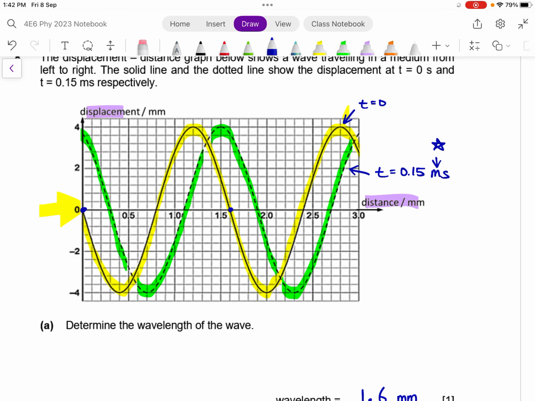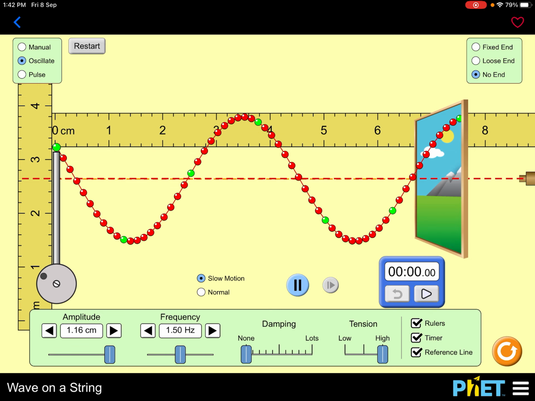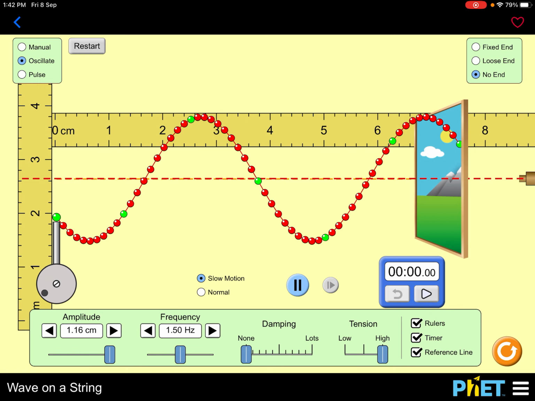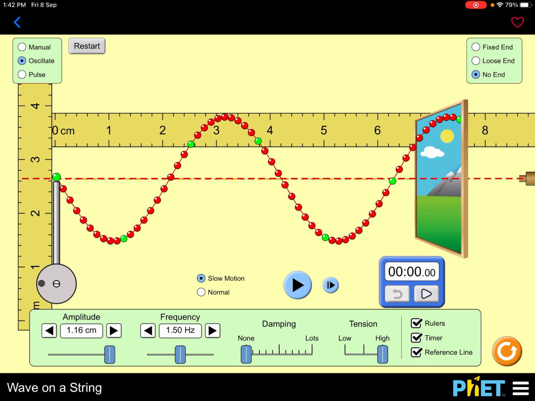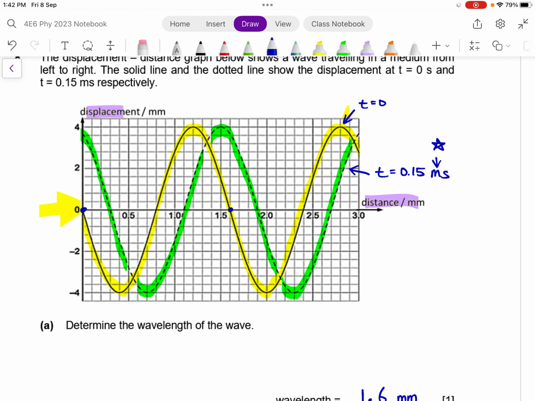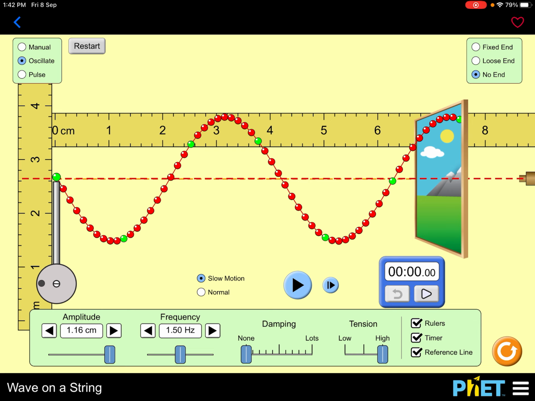It goes down and then up. So this wave shape is the same as this: goes down, then up.